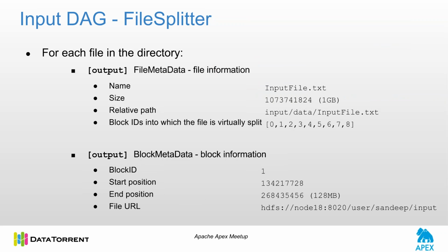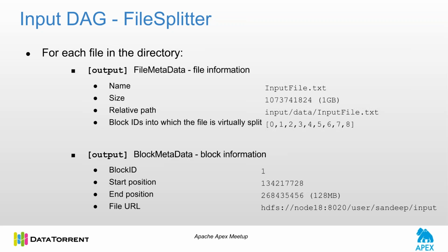Here is an example: the name of the file, the size of the file, and the relative path, because if it's a relative copy and you want to reproduce the same relative path at the output, you need to give the relative path of the file in the input. Along with that, you give the subtask IDs 1, 2, 3, 4, which are just sequence numbers that can be used to create the block IDs and eventually give the list of blocks that constitute this file.